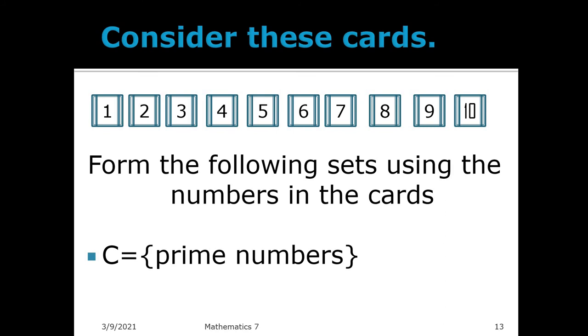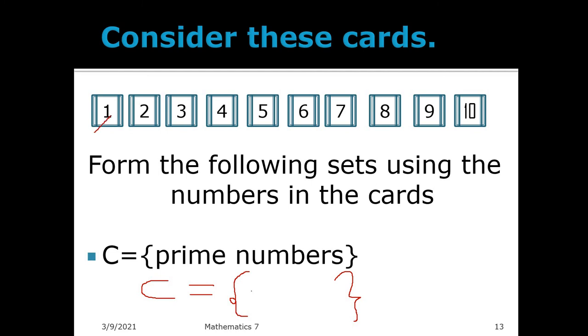For set C, prime numbers. Prime numbers are numbers whose factors are only 1 and itself. 1 is neither prime nor composite, so that is excluded.